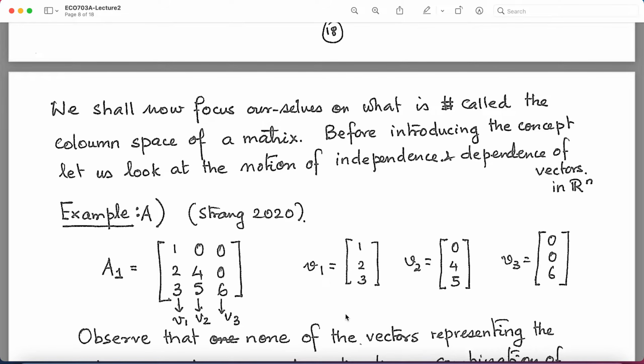Basically, you generate a set of vectors from the columns by doing all possible linear combinations, and that new space is called the span of the vectors forming the columns, or the column space. So, that is what we are going to look at.